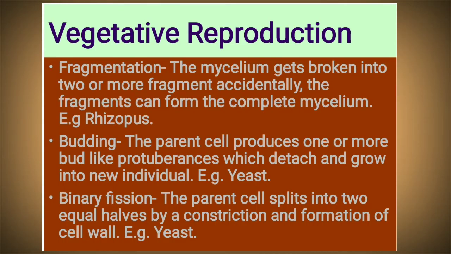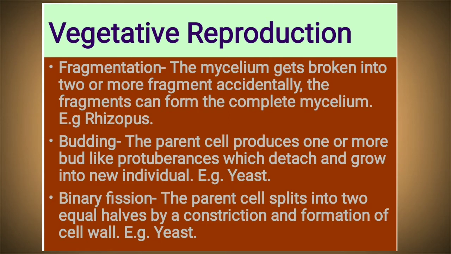Now let's discuss vegetative reproduction. Vegetative reproduction can take place mainly in three ways: fragmentation, budding, and binary fission. Now what does the word vegetative reproduction mean?